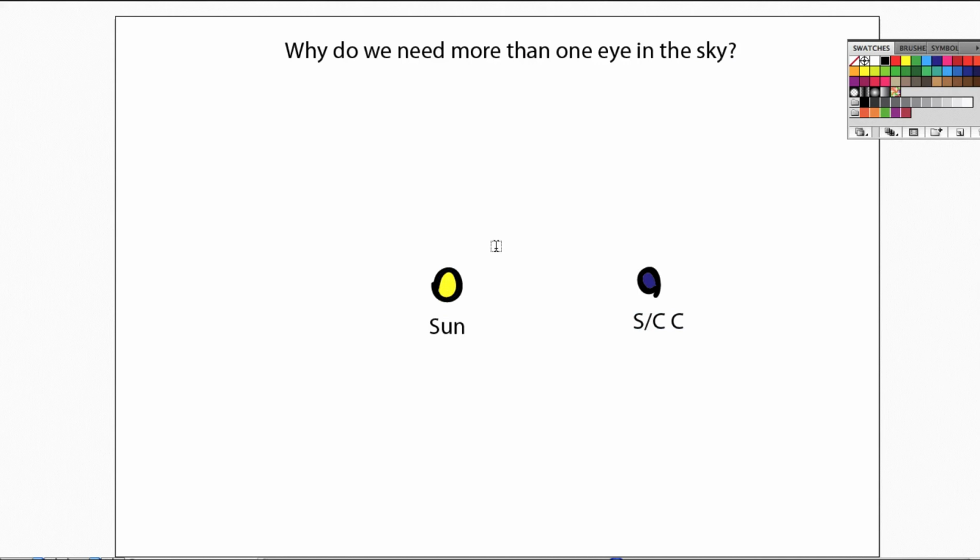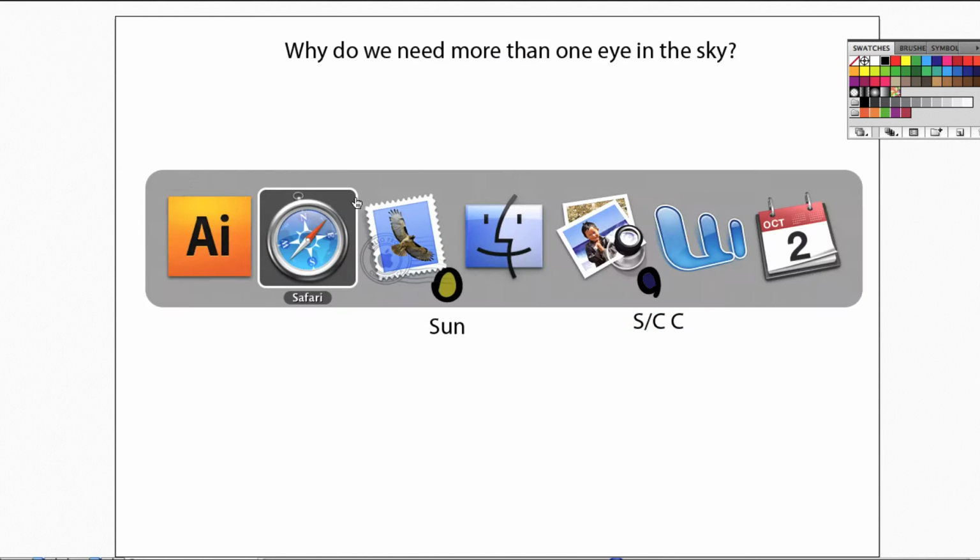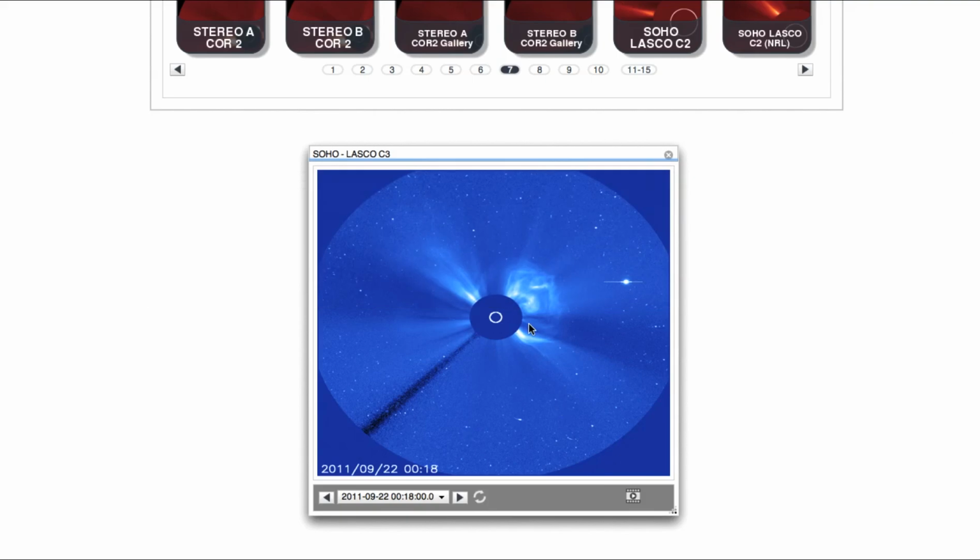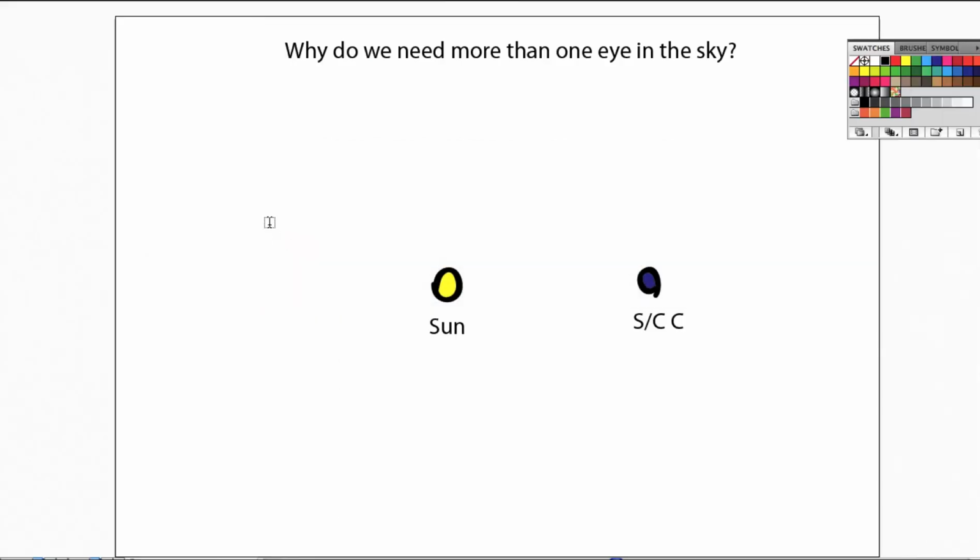All right, now if we go back to the LASCO C3 imagery, we're seeing a CME going to the right. So let's set that also here on this canvas. We have a moving object moving to the right in spacecraft C, in the SOHO imagery, and this is the velocity.